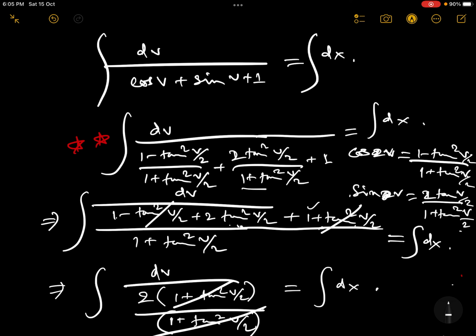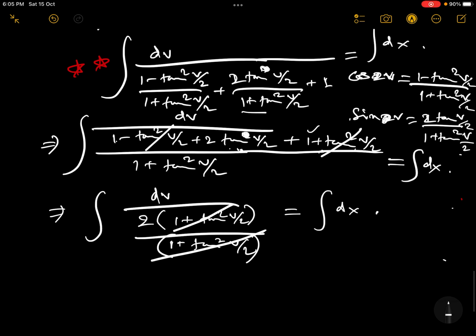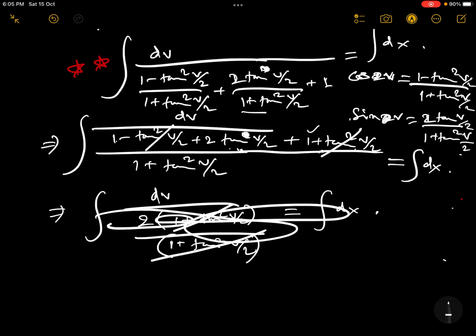Twice of tan v by 2. No, so sorry. This is v by 2. Okay, still correct only. I thought this is tan square. Be very careful. That's just tan v by 2. So I cannot cancel this one. Slight mistakes and we are doomed.